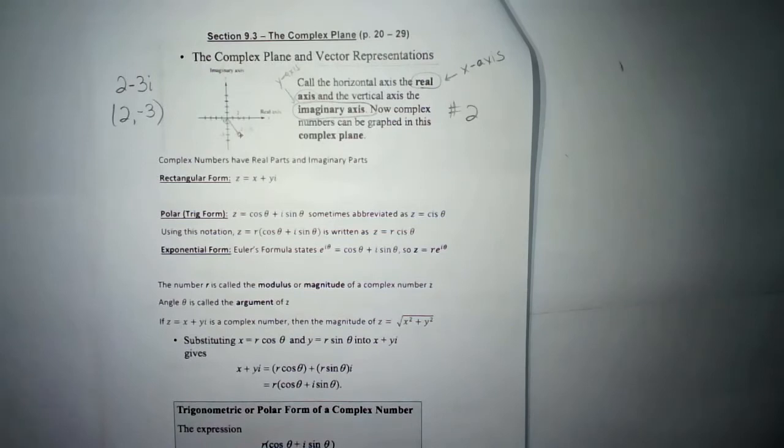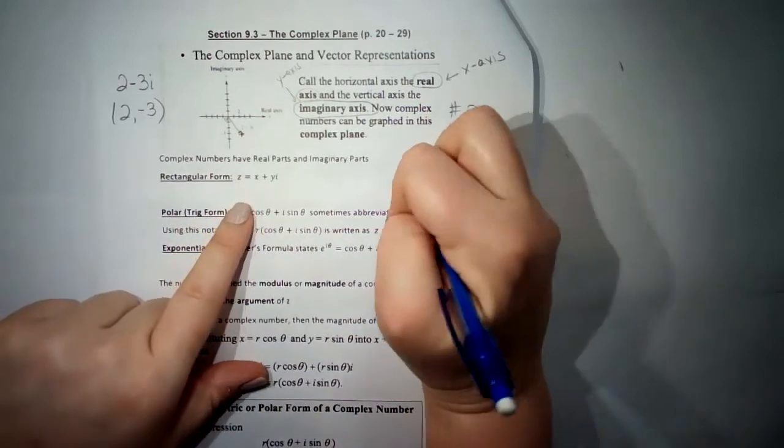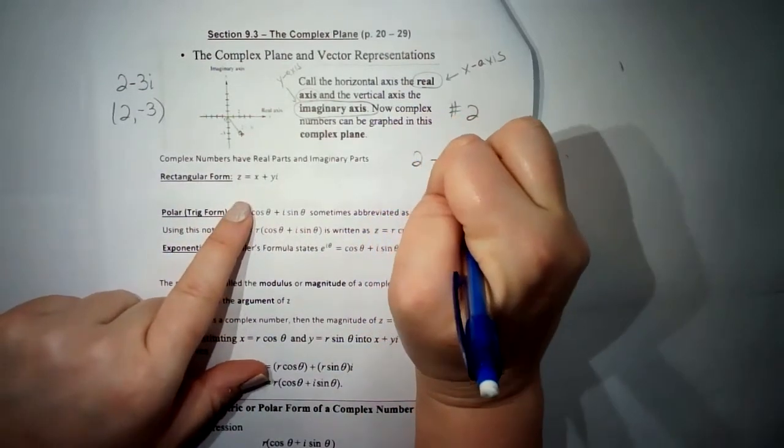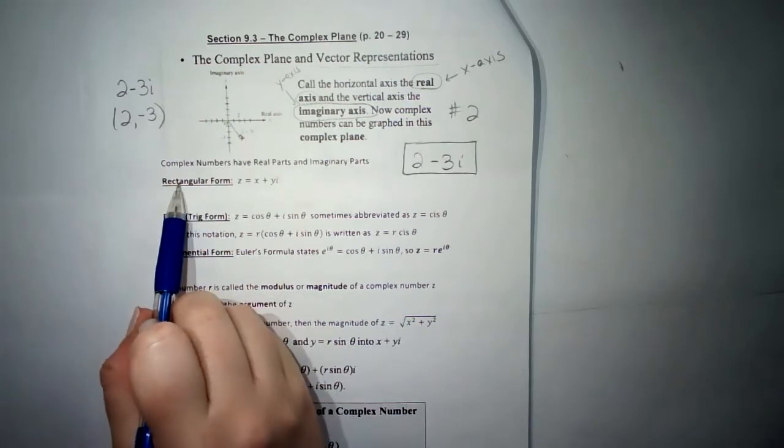Okay, so here's where it gets a little bit tricky for you. You're going to learn some things you haven't seen before, so it's going to be a little foreign, and things always seem harder when you haven't seen them, even if they're not. So with these complex numbers, you are going to have to write them in 3 different ways. You're going to have to write it in rectangular form.